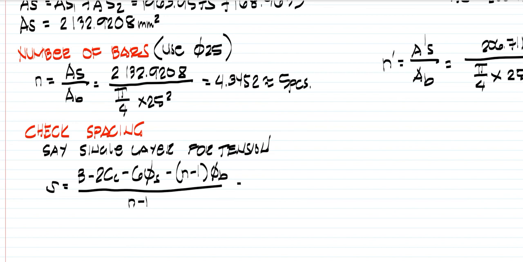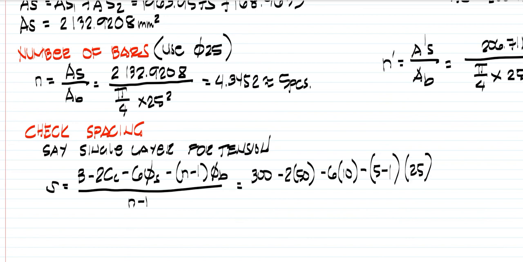So, that will be equivalent to 300 minus 250 minus 6 na 10 minus 5 minus 1 times 25 divided by 5 minus 1.